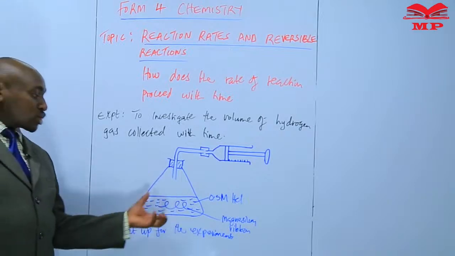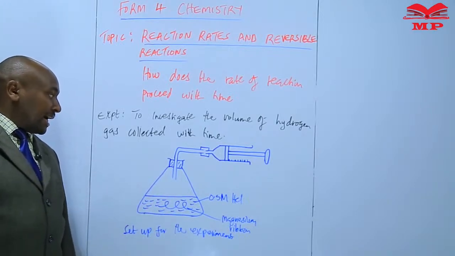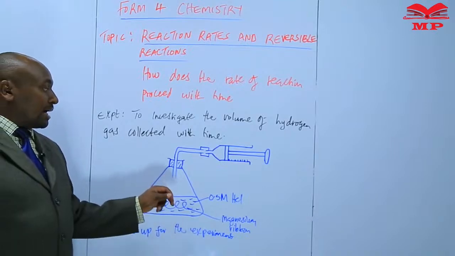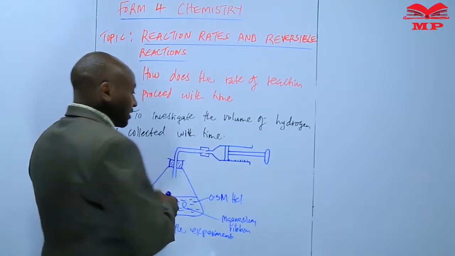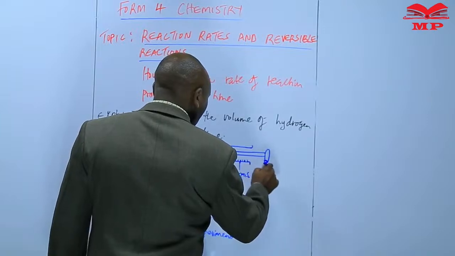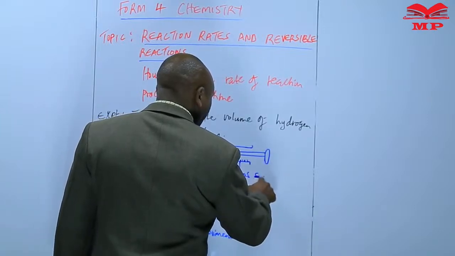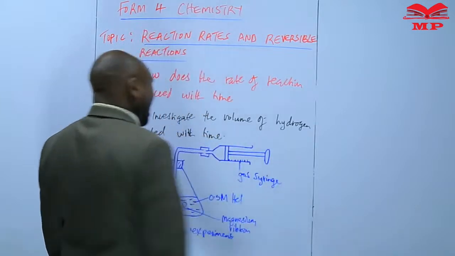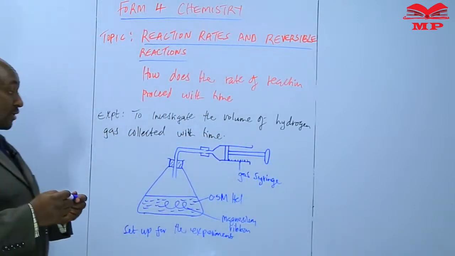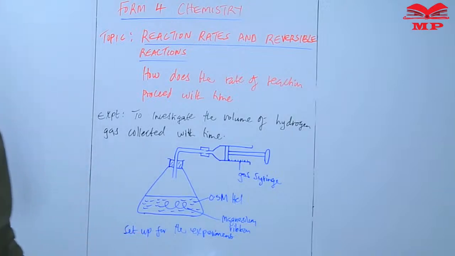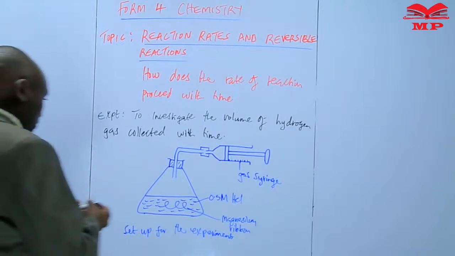And of course, the reaction will take place, and we will determine the amount of gas that is collected. This is a gas syringe. We measure the amount of gas collected in the gas syringe after every 30 seconds for a time duration of 5 minutes.